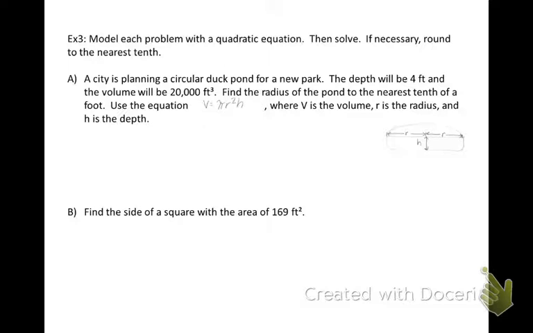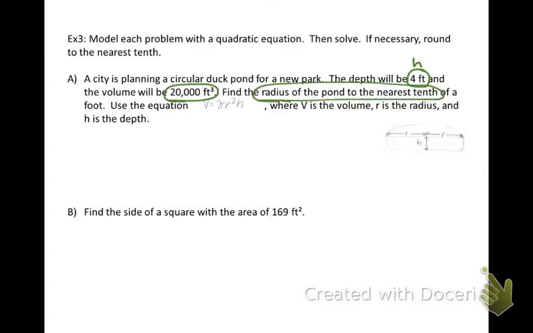The depth will be 4 feet, so that's an important thing for you to remember. 4 feet is your height. And the volume will be 20,000 feet cubed. And what we're trying to find out is the radius to the nearest tenth.